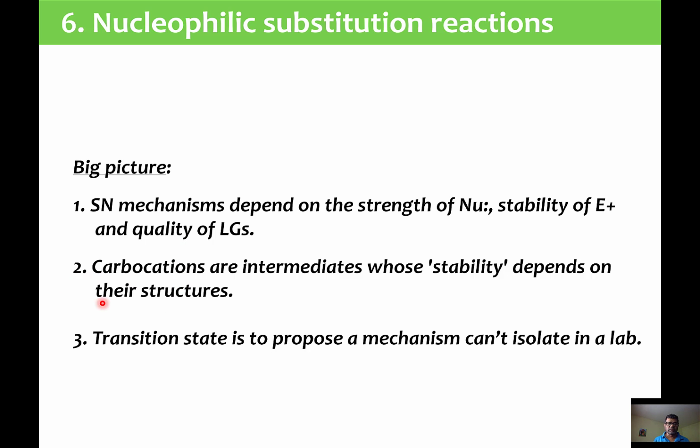And then the transition state: we are talking about it specifically in the SN2, but it exists in both cases. It can be debated in both cases, but here we specifically want to look at the SN2. We cannot really isolate the transition state, but the carbocation is possible.